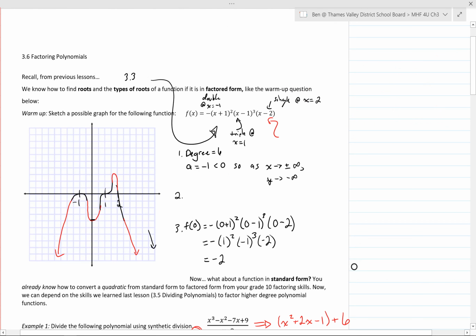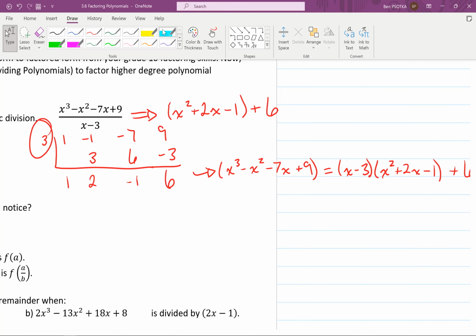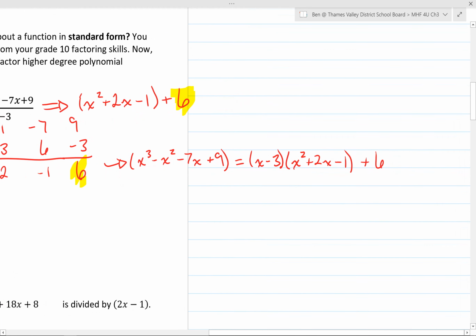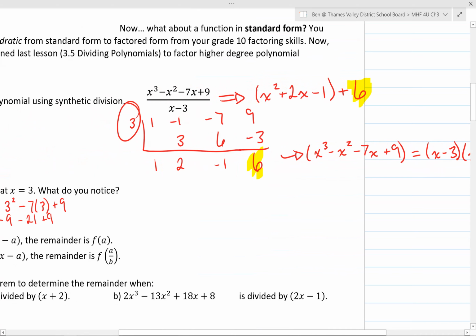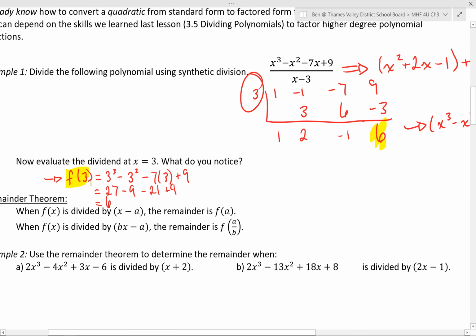Well, we might notice that my remainder that we calculated over on this side, and I know we only went through one example here, this pattern will hold true. The remainder that I calculate up there will be the value of f if I evaluate f at the root of my divisor.